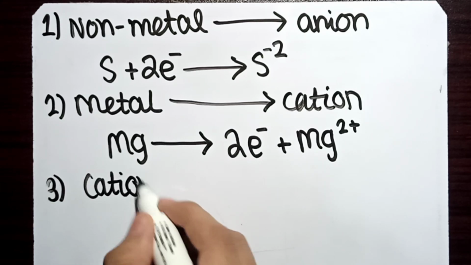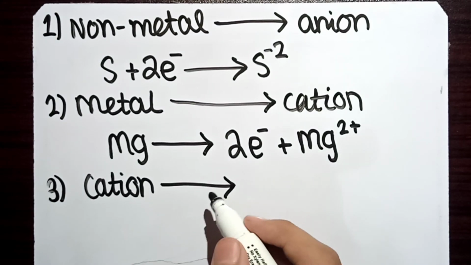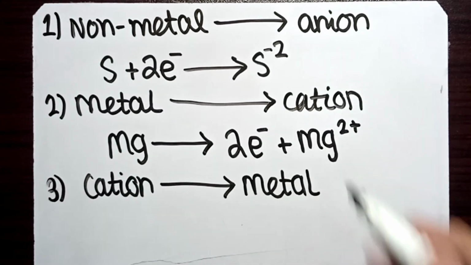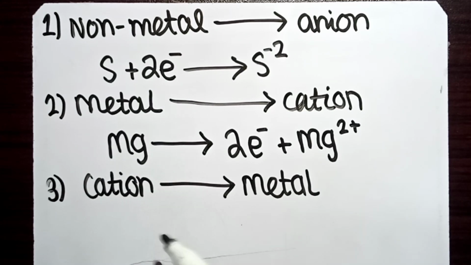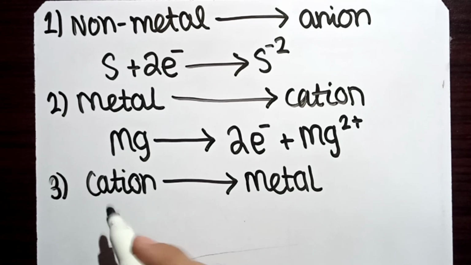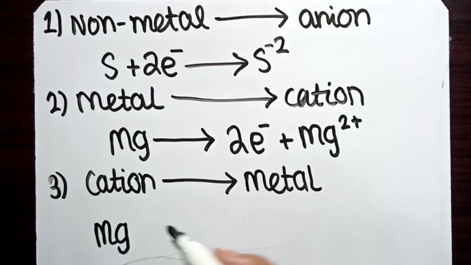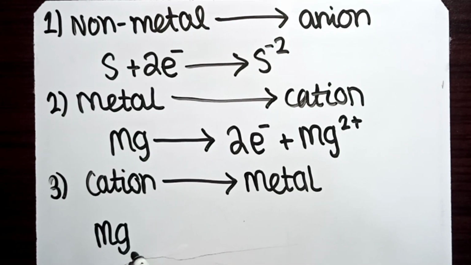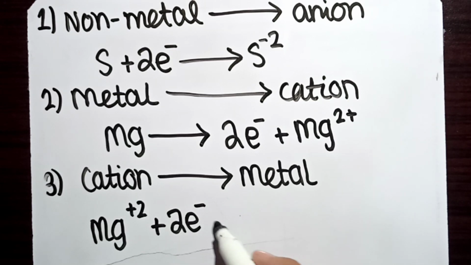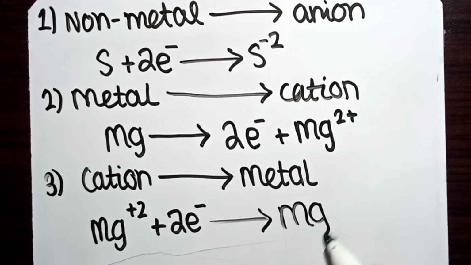What in the case of a cation? As a metal has lost electrons to become a cation, the cation will gain electrons to become a metal. For example, magnesium as a cation will gain 2 electrons to become magnesium metal.